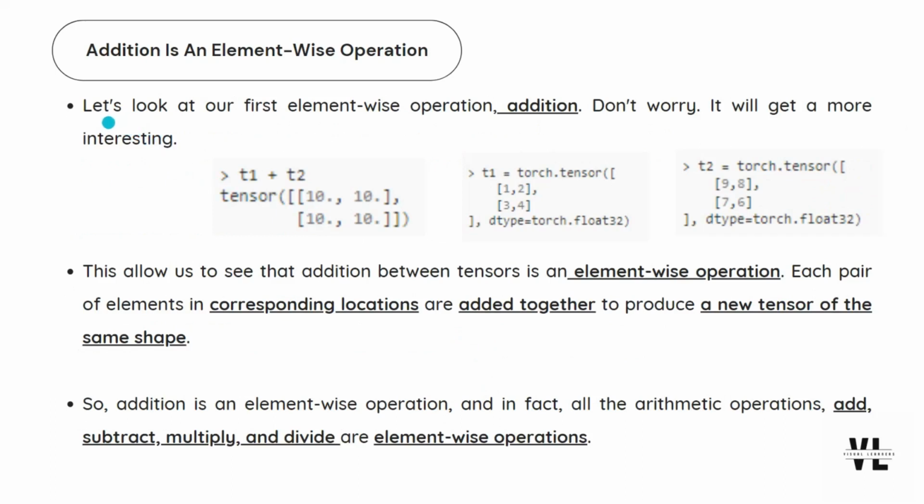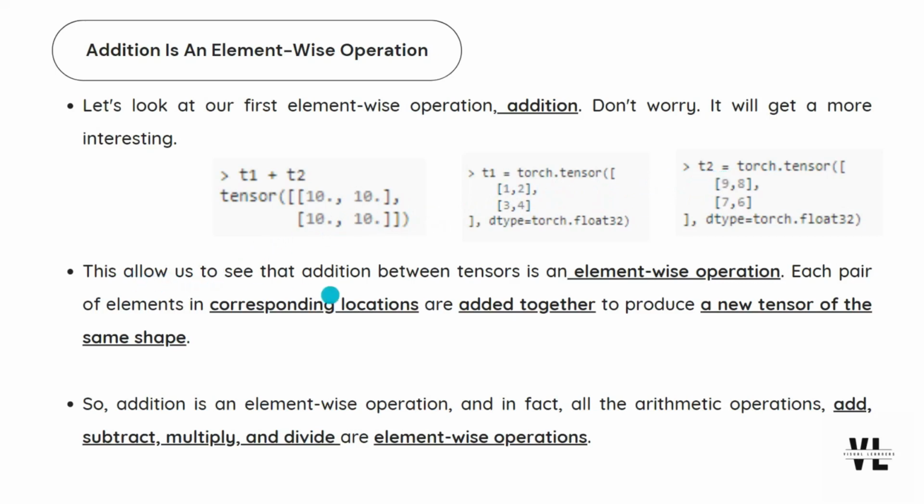Let's look at our first element-wise operation, addition. You might think that addition is just a very basic operation, but don't worry, it will get more interesting as we proceed. So let's add the previously created tensors T1 and T2. T1 plus T2 will be 10 because when we add the corresponding elements, they always sum up to 10.